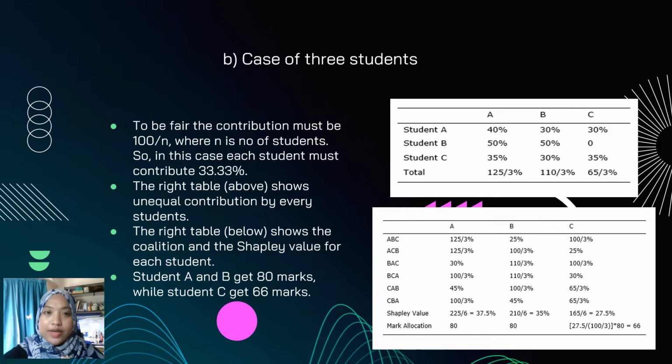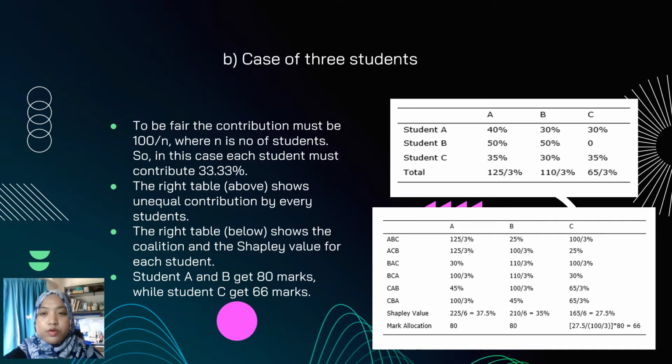The next scenario is a case of three students. To be fair, the contribution must be 100 over n, where n is the number of total students. So in this case, each student must contribute 33.33%. However, we can see from the right table above that it shows the unequal contribution by every student.